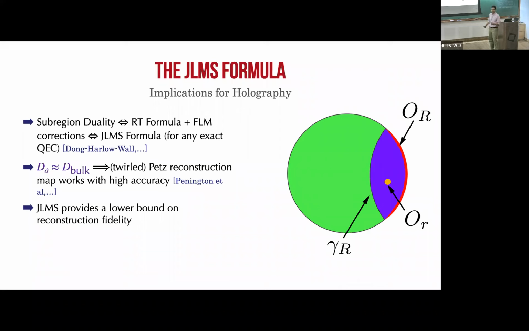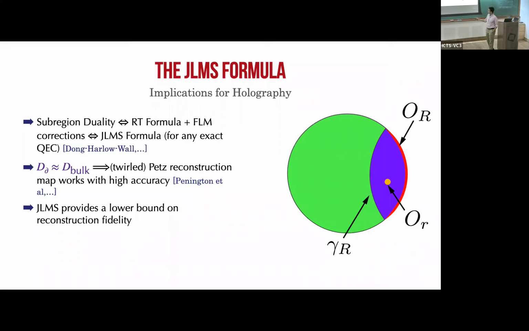The relative entropy is a very sensitive measure of distinguishability. So the fact that the relative entropies of these two states are close tells you that the states in many other measures are also close, and that's sufficient to prove that there's this property of subregion duality. So this is an important statement.